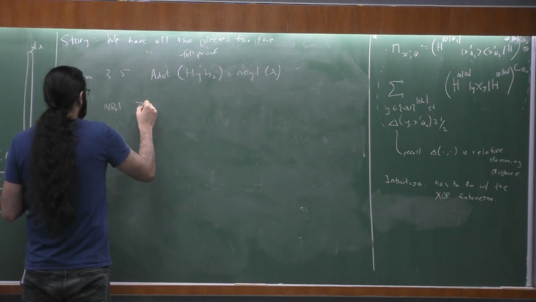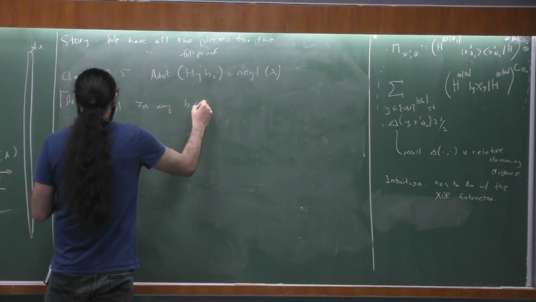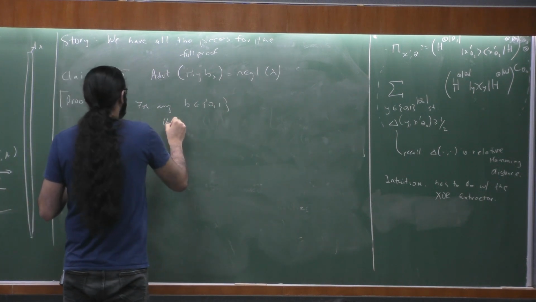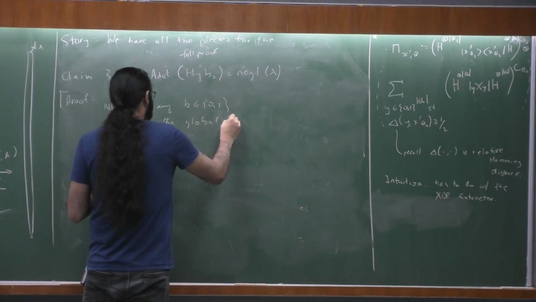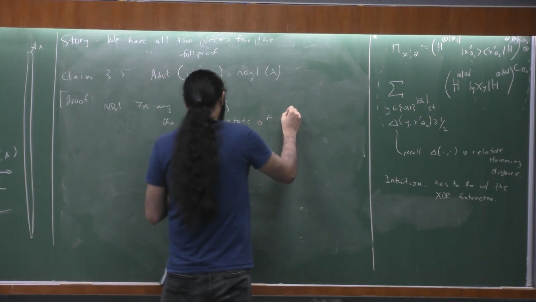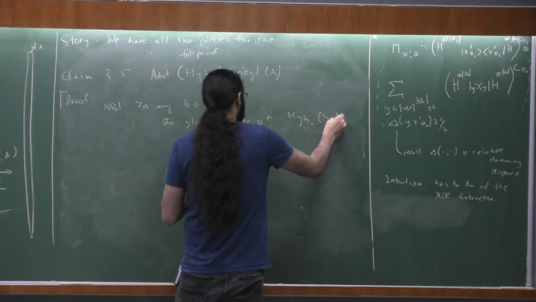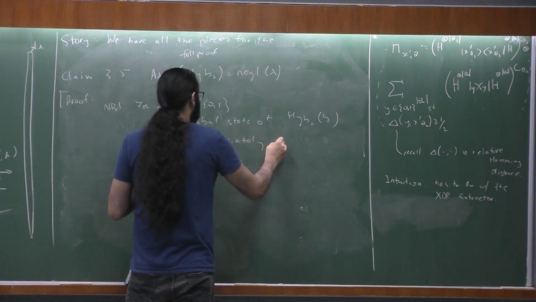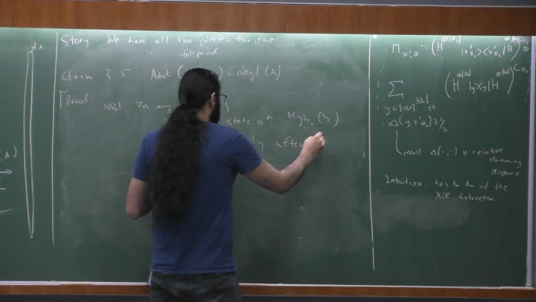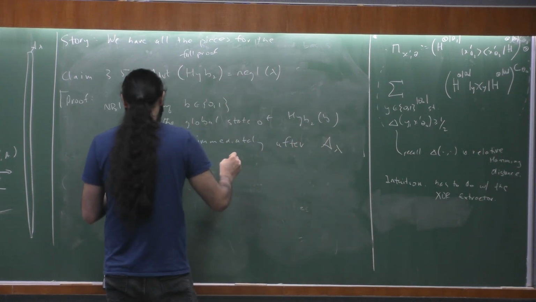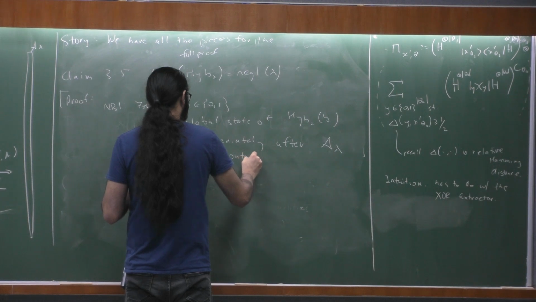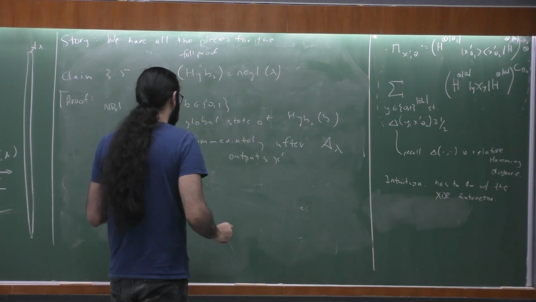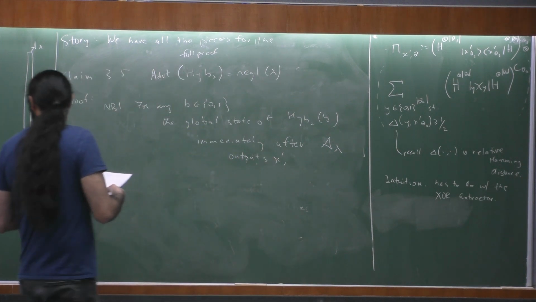So first note that for any b in {0, 1}, the global state of hybrid 2 b immediately after A lambda outputs x prime.